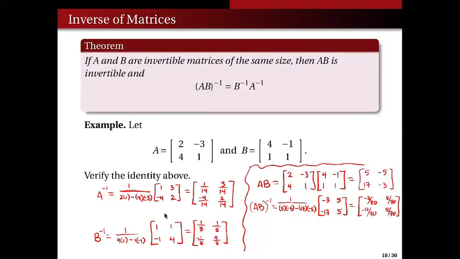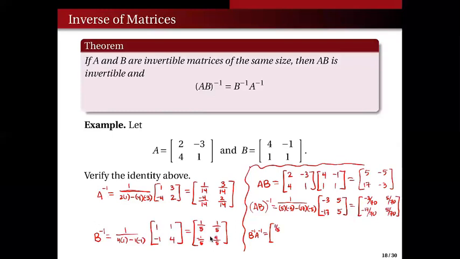And then we now calculate B inverse A inverse. So we have here for the B inverse, it's this guy.